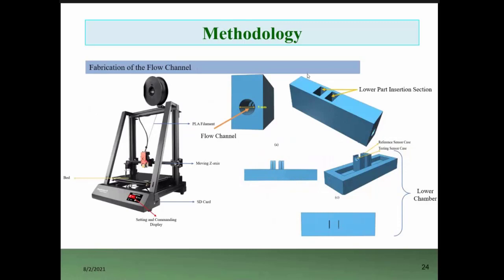In the upper section, we have the flow channel, and we have the lower part where the film or the sensor that we have fabricated will be inserted. After we place the sensor here in the chamber, the upper part will be covered on top of the lower part. And the diameter was taken as 5 millimeter for the flow channel.